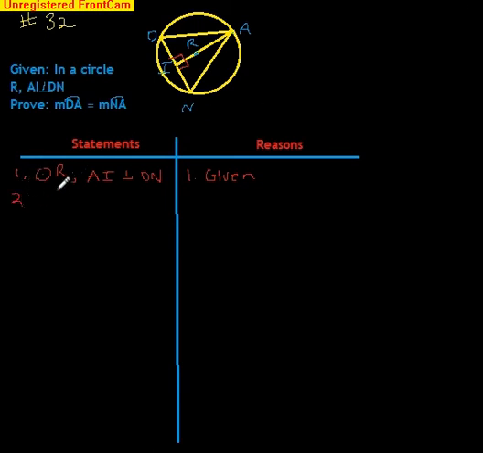Okay, so I'm going to write the given: circle R, we're given that. We're given AI is perpendicular to DN.